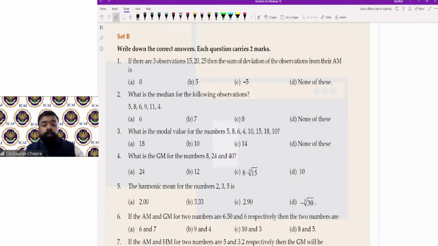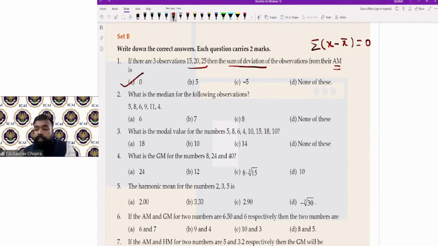If there are 3 observations and the sum of deviation of observations from arithmetic mean. So we have done this in the previous session. The sum of deviations taken from arithmetic mean, that is sigma x minus x bar, is always equal to 0. Whatever the values given, we don't care about them. What we have to find is sigma x minus x bar, and it will always be equal to 0.